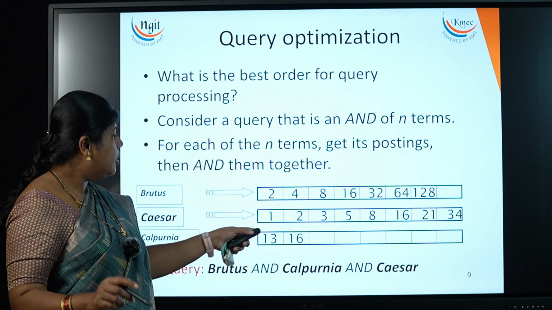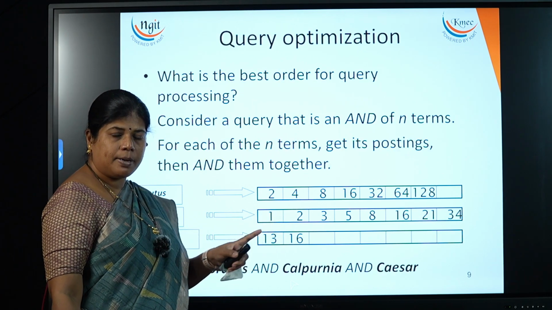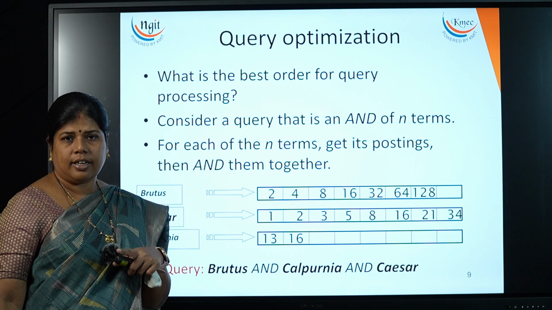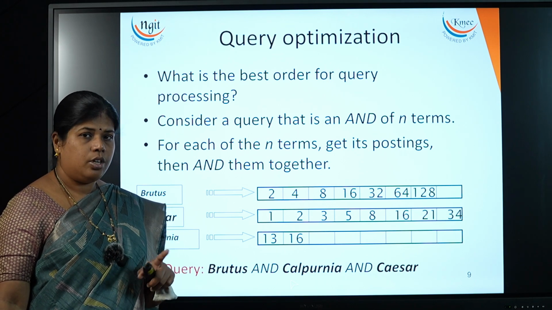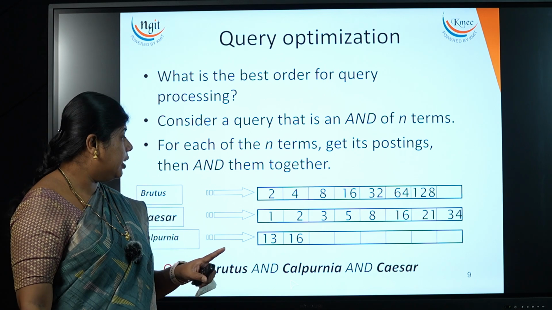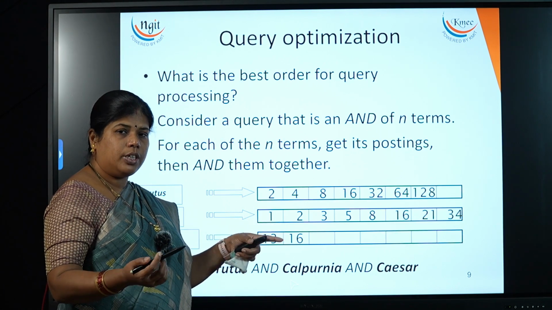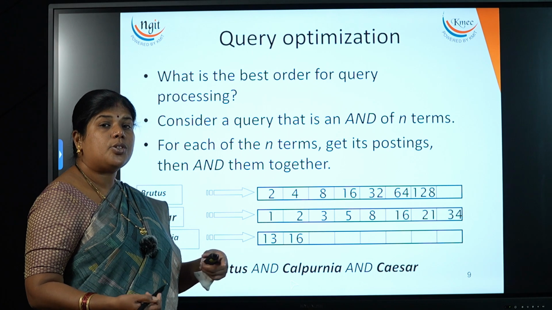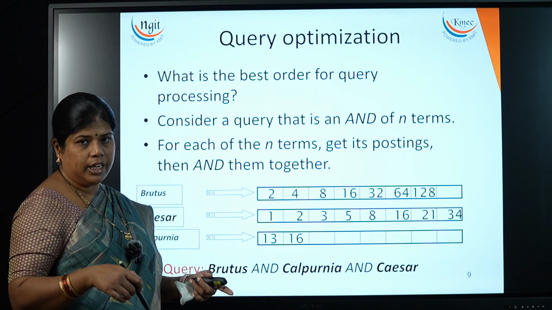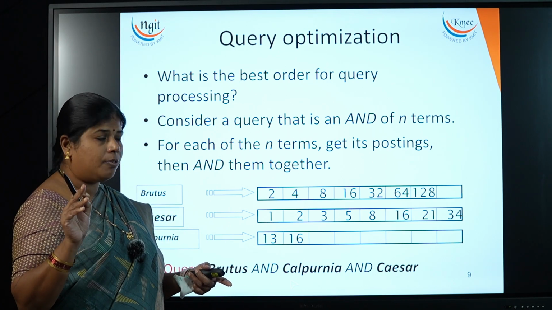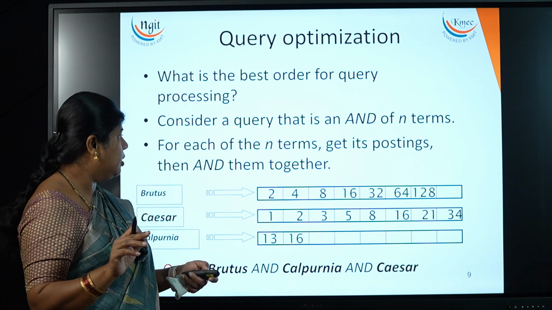Are you understanding? Here two document IDs are matching, but is it guaranteed that the frequency will also match? No, it is not guaranteed. Now, what should you do? You should retrieve the documents based on the frequency ordering. That is the role of the frequency when you are storing it in the posting.